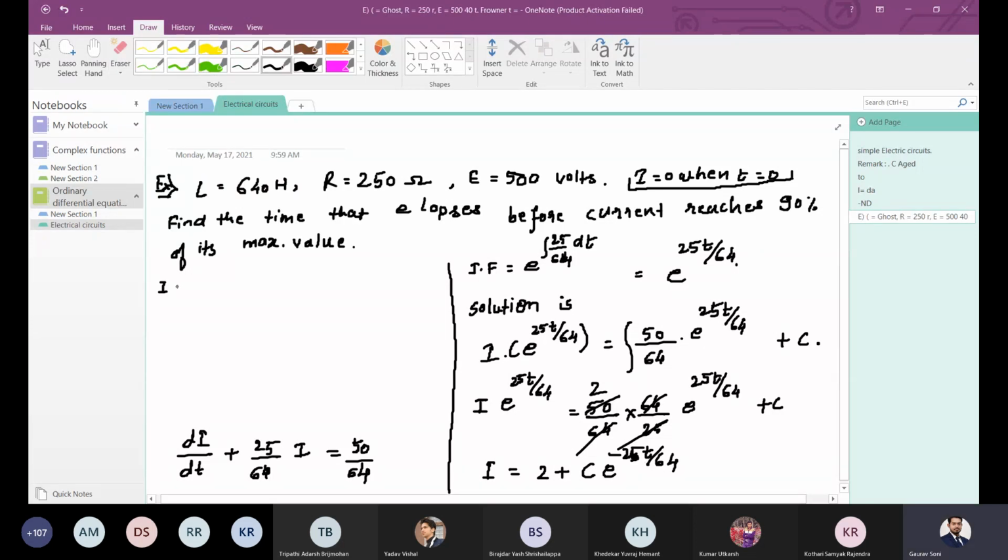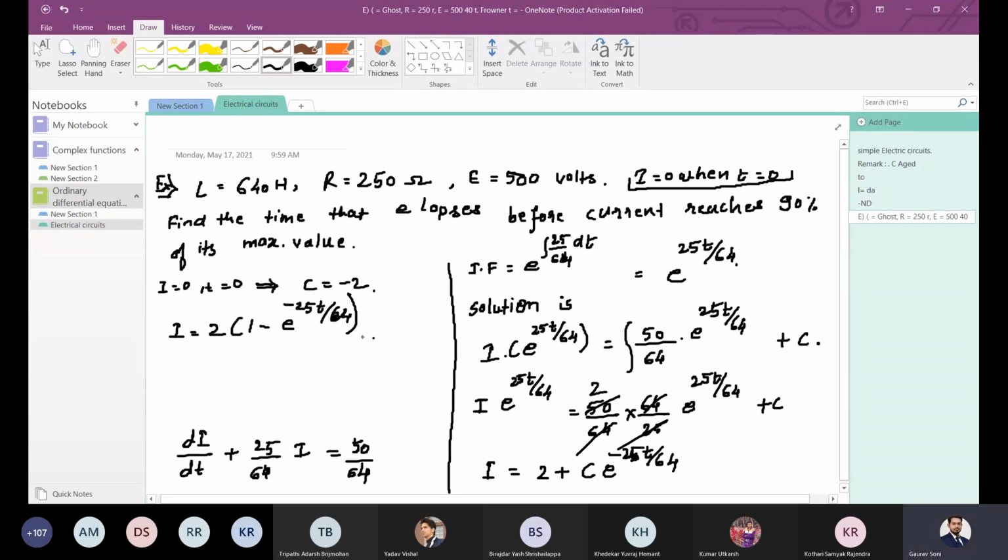I is 0 when t is 0. So by this condition, we'll get c is equal to minus 2. So we get I is equal to 2 in bracket 1 minus e to the power minus 25 t by 64.